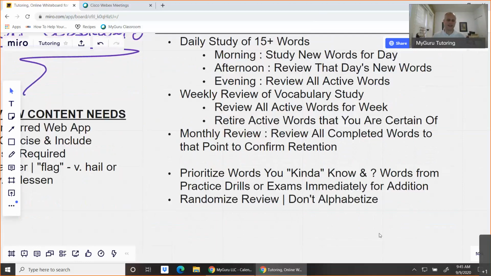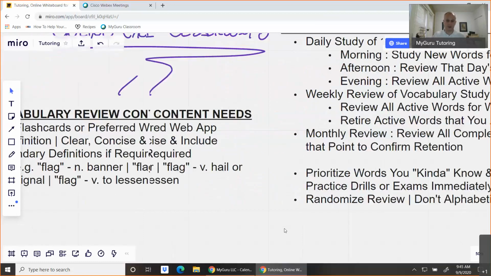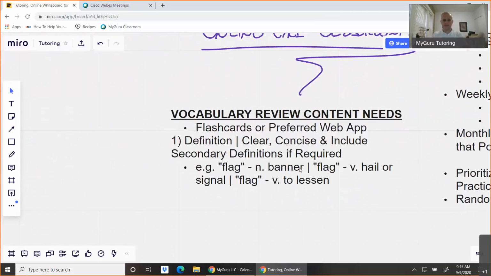It becomes dreadfully dull if you're going, well, we start with a bet, and then we go to a board, and then we go to a dwat, and you're like, okay, I've lost the A's by the time I get to the G's. So randomize, focus on things that you kind of know, and get words from practice drills or exams immediately into that review, and that'll help make it more of an active learning endeavor, as much as memorizing vocabulary can be. So that first bit for the flashcards is going to be the definition, right?